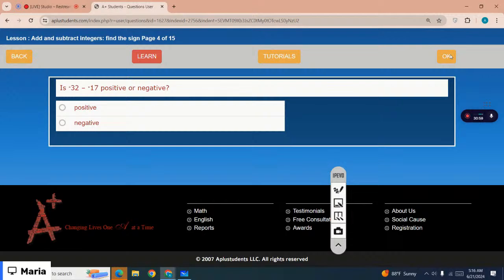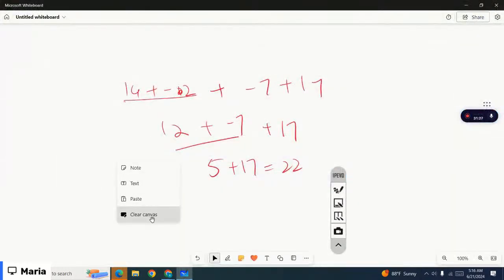It is negative 32 minus negative 17, is it positive or negative? Which is the correct option? So just look at this. Minus negative: this is subtracting a negative number.